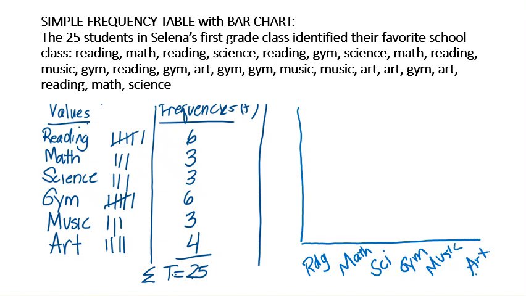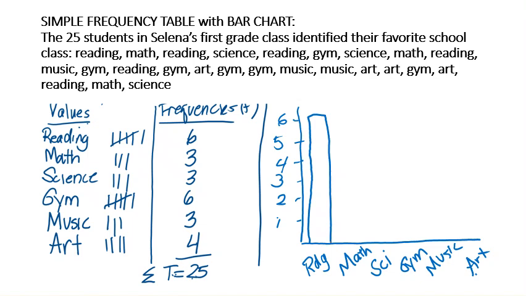We can now put these frequencies. Our biggest frequency is 6, so we can label from 1 to 6. 1, 2, 3, 4, 5, 6. We'll mark the 6 here, the 4, the 2, 1, 3, 5. And now we know that the bar for reading is going to go all the way up to the 6.